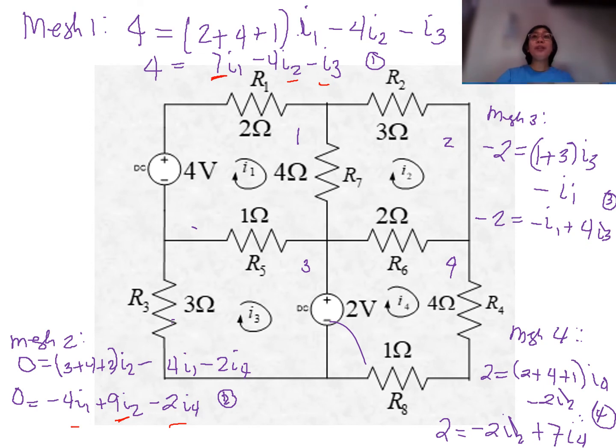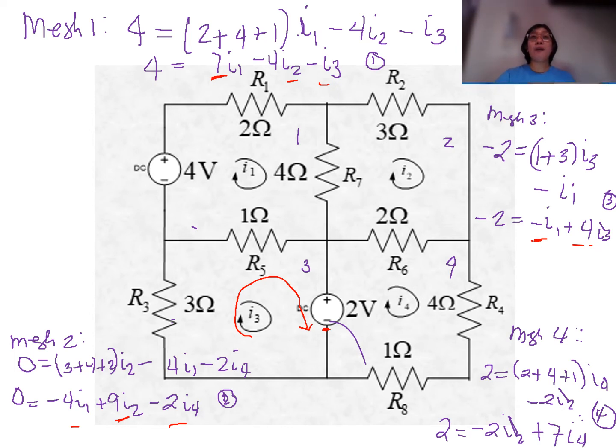So for mesh number 3, all resistors along mesh number 3, we treat them as positive, like here, our 4 here. And then, the resistor that is also connected at mesh number 1, we treat that as negative here. So we have minus I1. Okay, so why negative 2? Because if we follow the mesh here, we will be exiting at the negative 2 volts here.